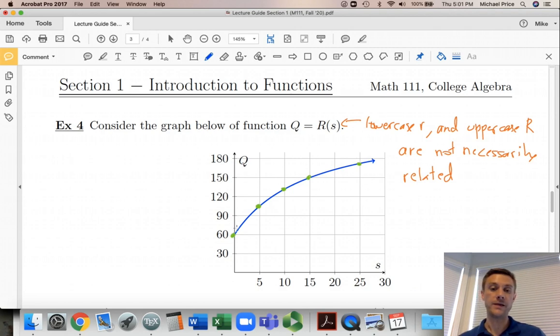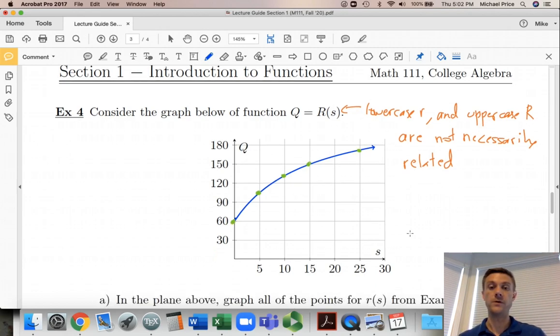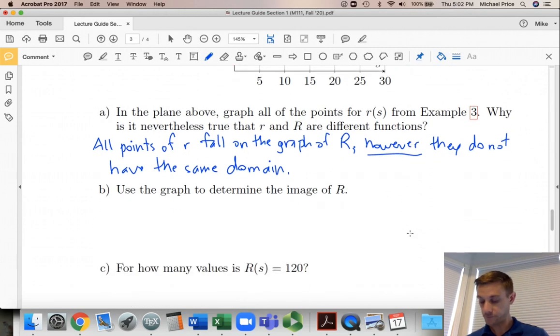And what I see is it cannot go below 60, and then it rises to the right, and this arrow implies that things just keep on trucking that way. So this is just going to keep increasing as it goes to the right without any particular upper bound, no ceiling, as it were. So if that interpretation is correct, which it should be because we haven't been told that there's some kind of cap here, then this is going to rise from 60 and just keep on going. So there is not going to be any highest value.